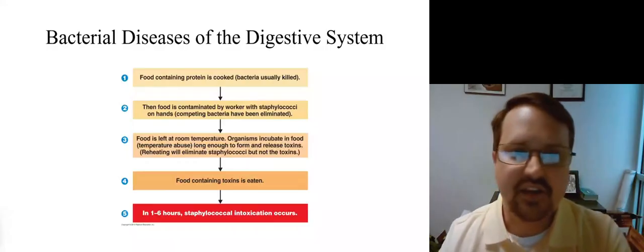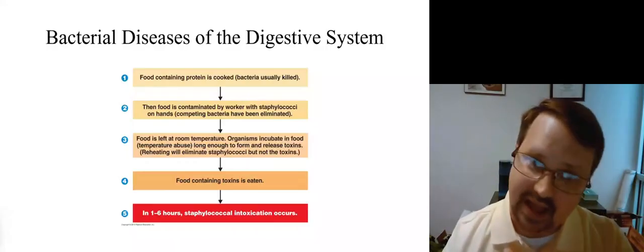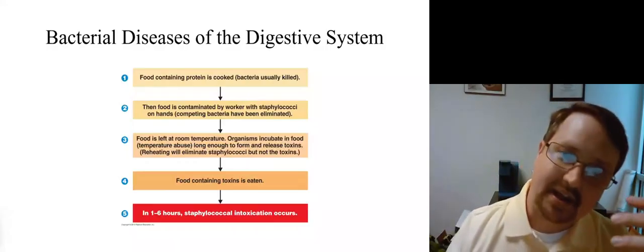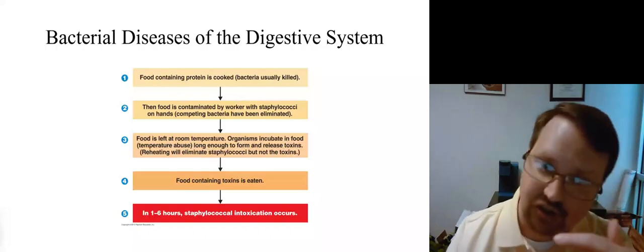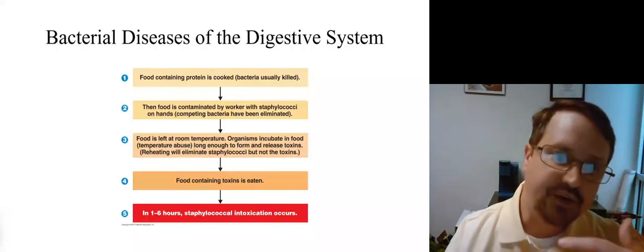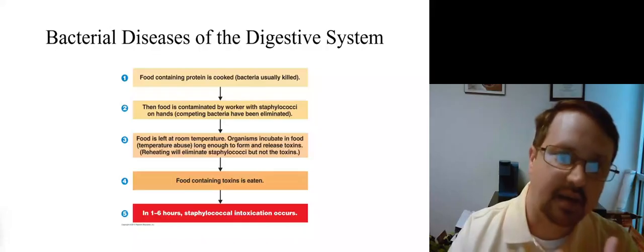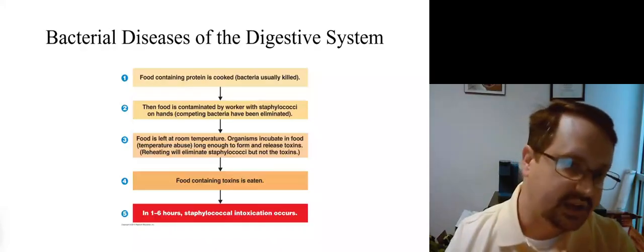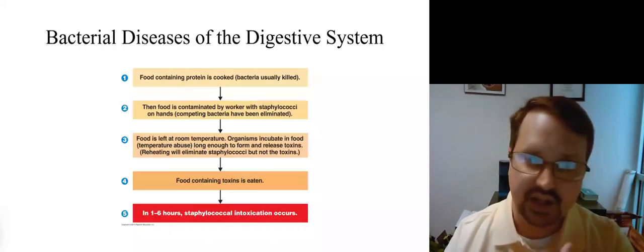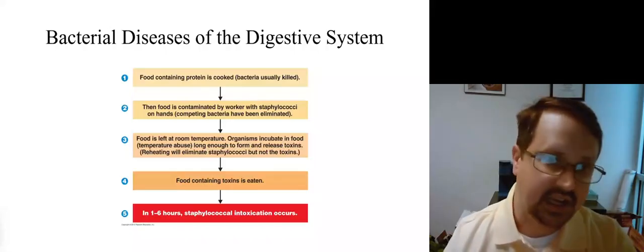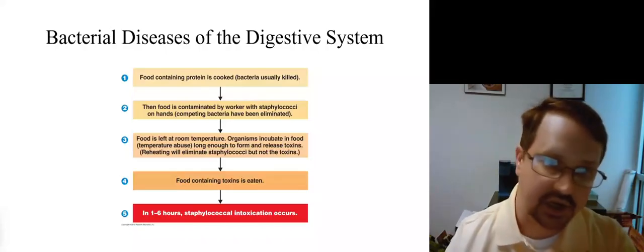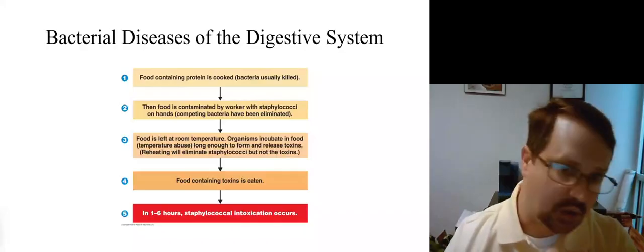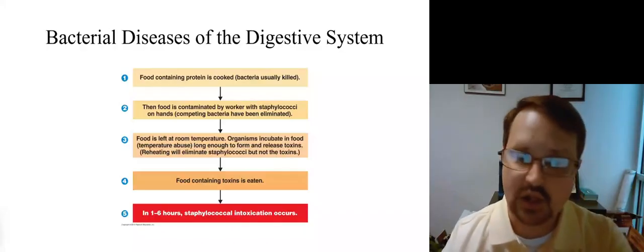So with a lot of these bacterial diseases, you eat a food that has the bacteria, the bacteria might be killed, but the toxin survives. The food is contaminated with the toxin. Another thing that happens: food is contaminated by somebody. Somebody poops, they touch the food, they handle the food, they don't clean their hands.